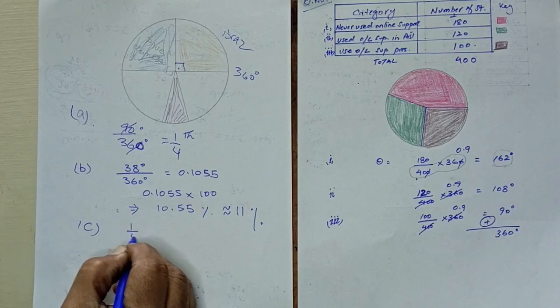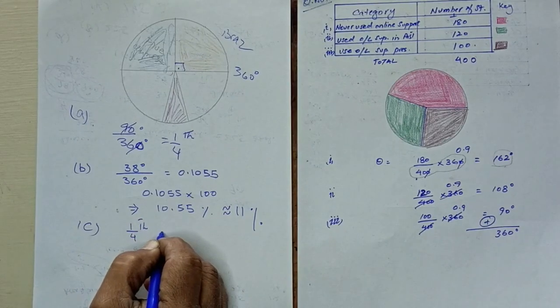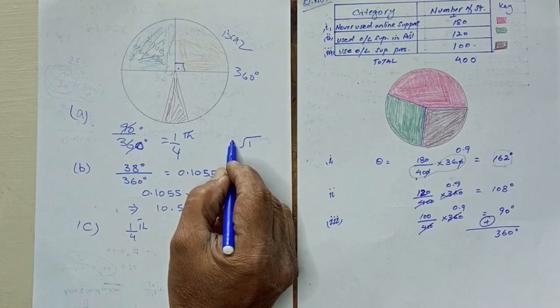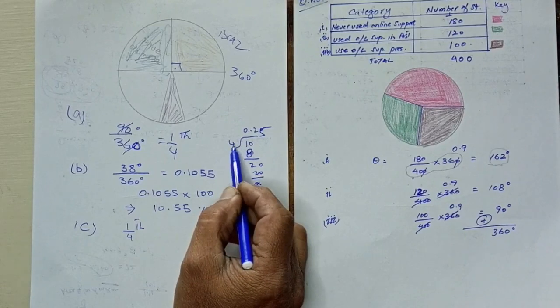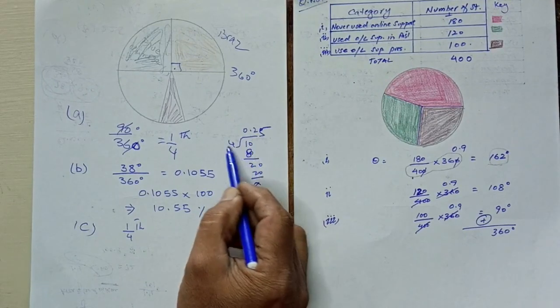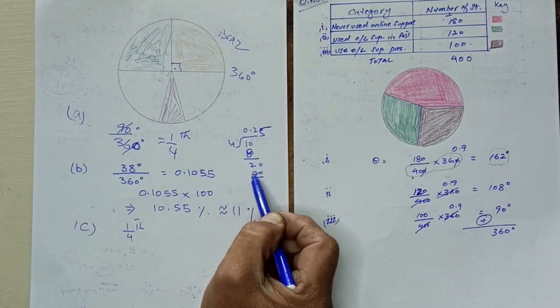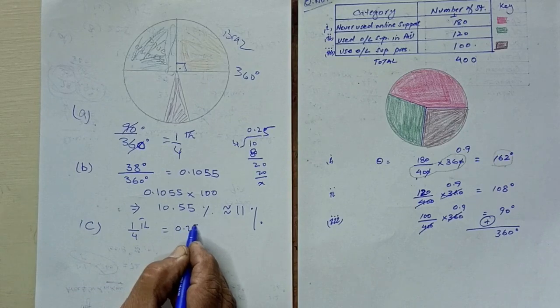So 1 by 4th will remain the same, and if we divide it, 1 divided by 4 gives 0.25.